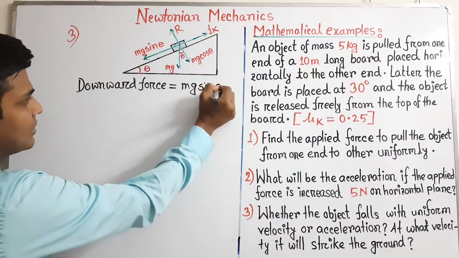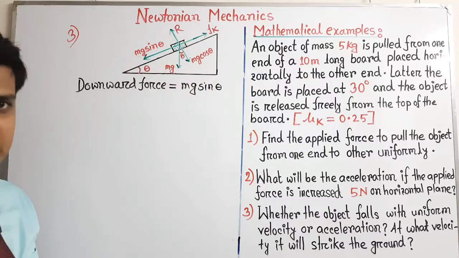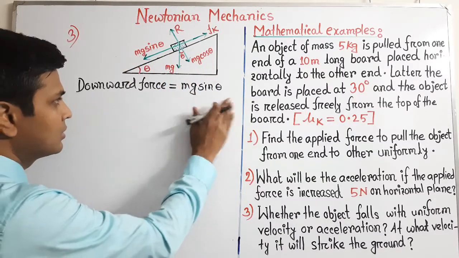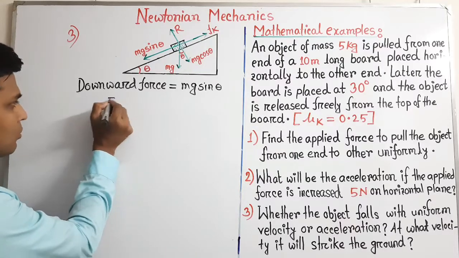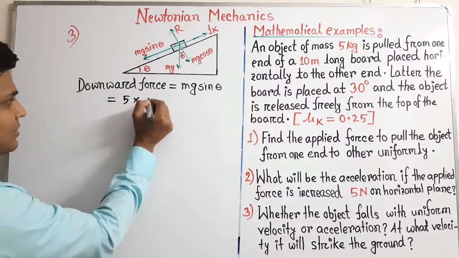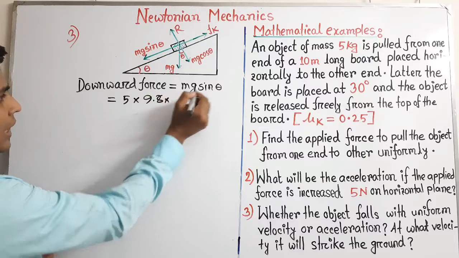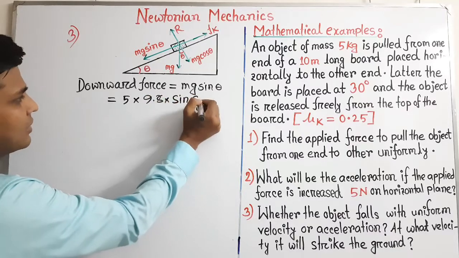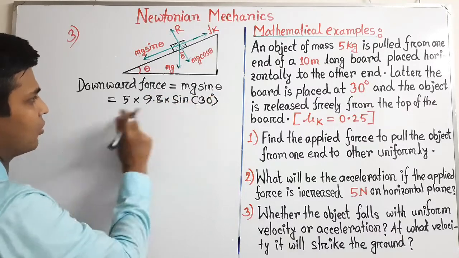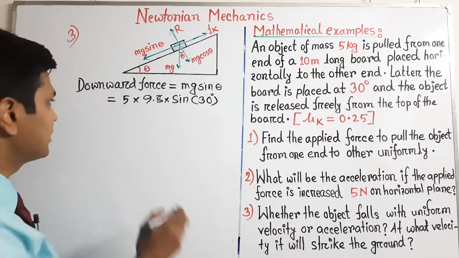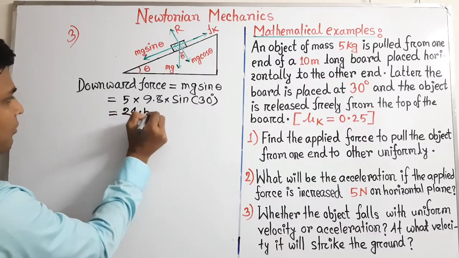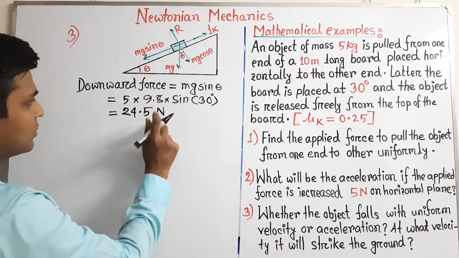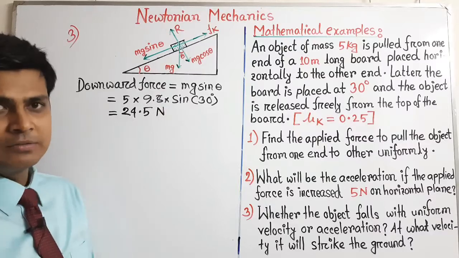This force acts in the downward direction, so this is called the downward force. Now let's put the values. Mass is given here, 5 kg, g is 9.8, and the angle is given here, 30 degree. Now if we calculate this expression, then we will get the answer 24.5 Newton. So this is the downward force.